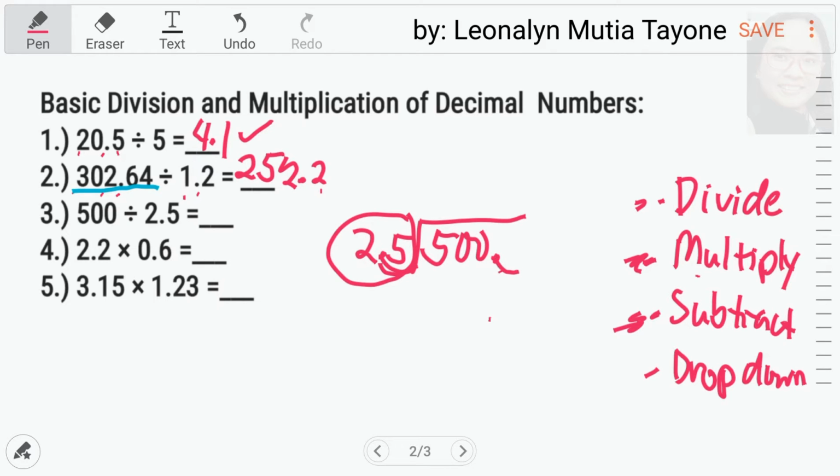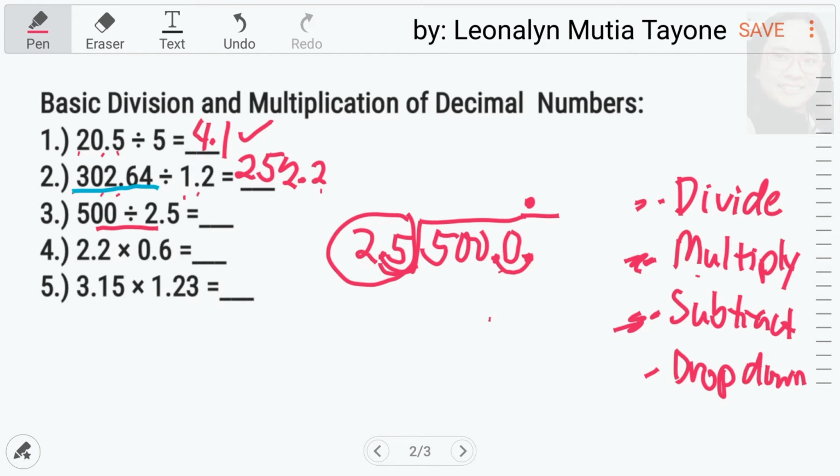So, mag-move ka ng isa. While nag-move ka ng isa, magdagdag ka ng isang zero dito sa space natin. Ngayon itong decimal na ito, i-align mo lang sa taas. So, ang 500 naging 5,000 na ngayon, tapos yung divisor naging 25. Therefore, ang 500 divided by 2.5 ay pareho lang sa 5,000 divided by 25.